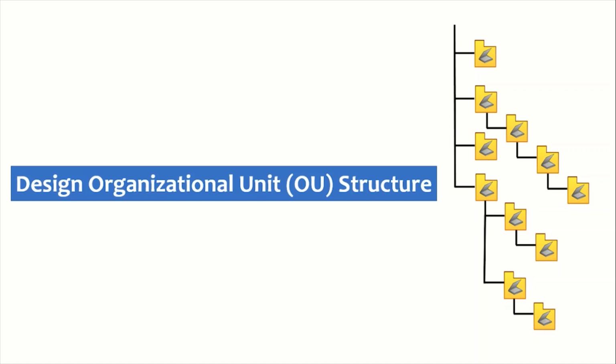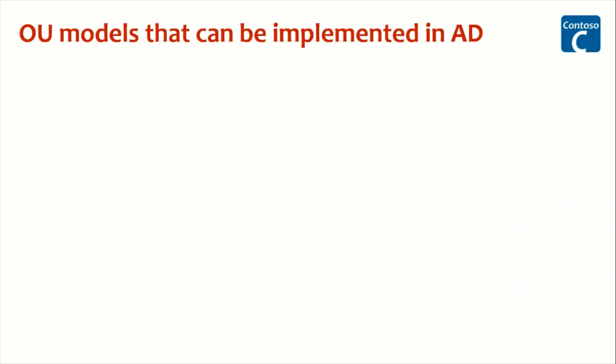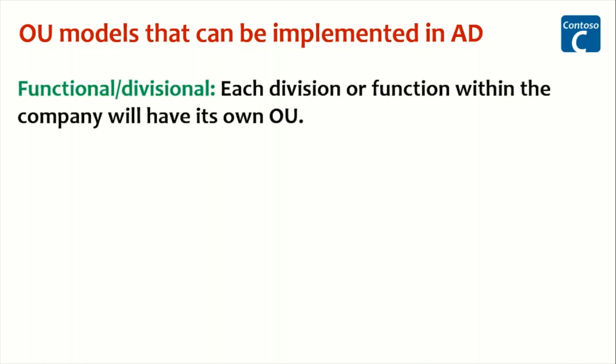So let us design the OU structure for Contoso Financial Services now. Before designing, let us understand the OU models that can be implemented in Active Directory. So there's one model called the functional or divisional model.